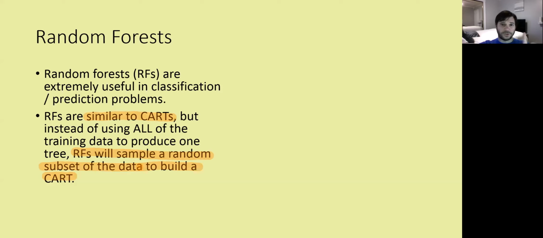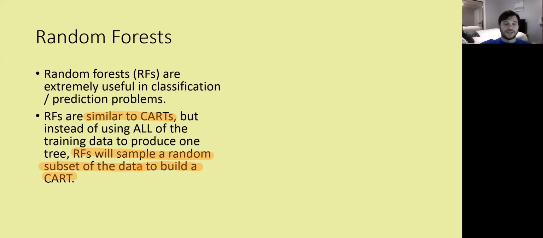Well, the CART is one tree, but the random forest will keep resampling over and over again with replacement from the training set to create multiple versions of that training set. Sometimes I'll refer to this resampling technique as related to something called bootstrapping. The idea here is we'll start with the training set, and then we'll resample from that.